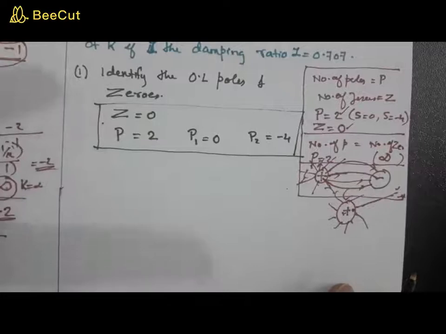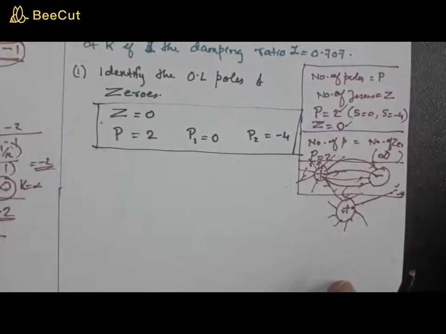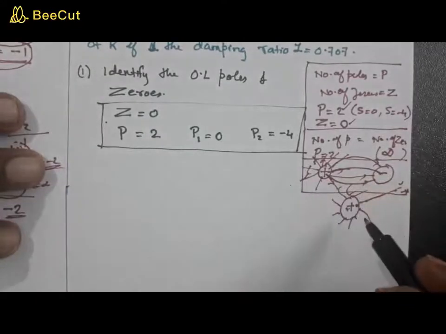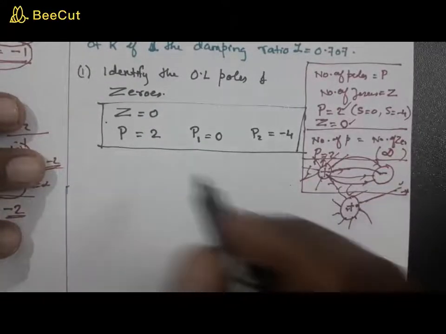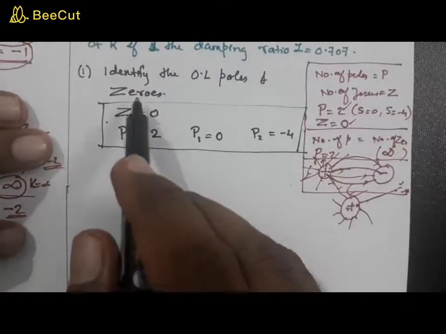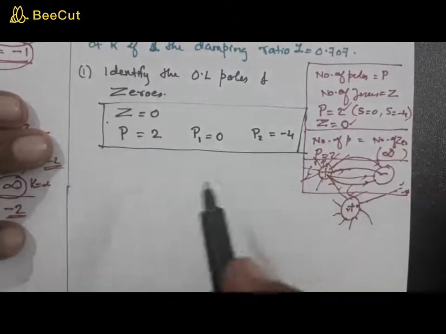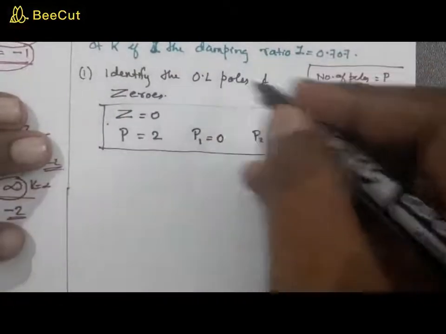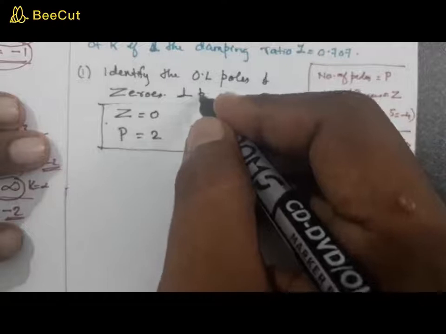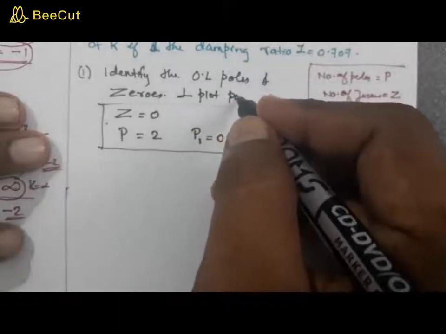And the next step is to have that graph. In the graph you may just draw or represent this pole zero plot. So that's the step: identify the open loop poles and zeros and plot the pole zero plot.